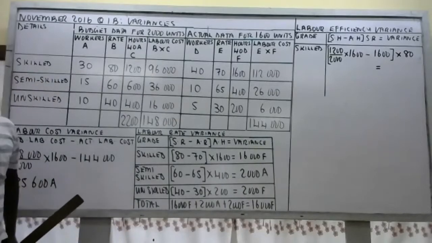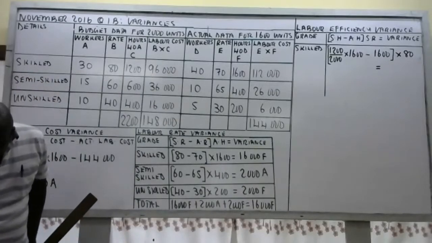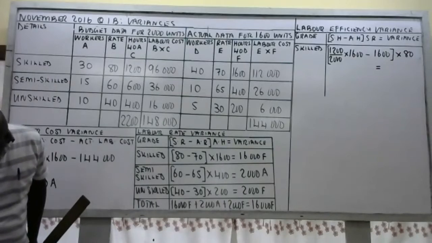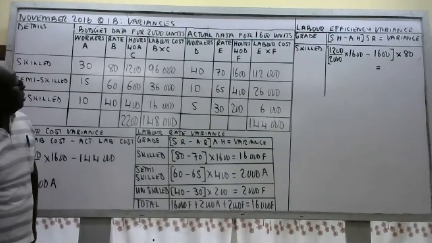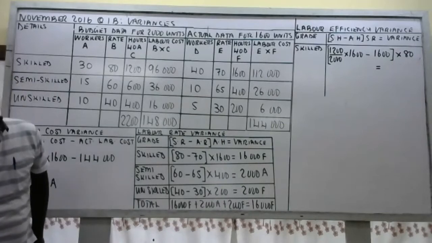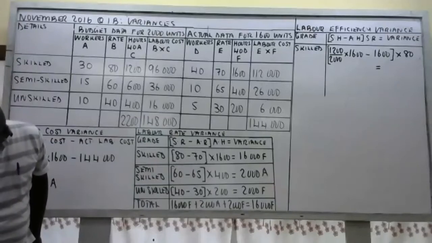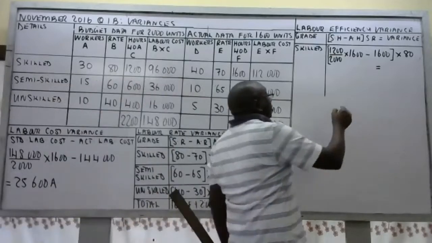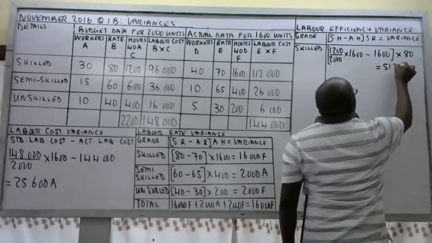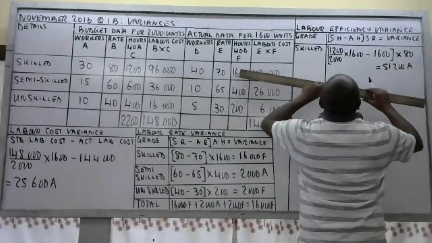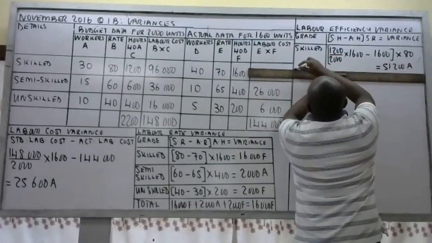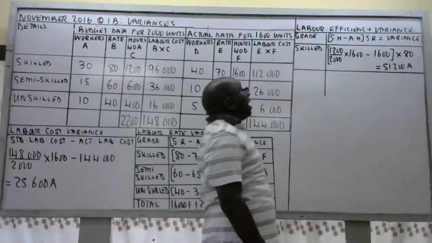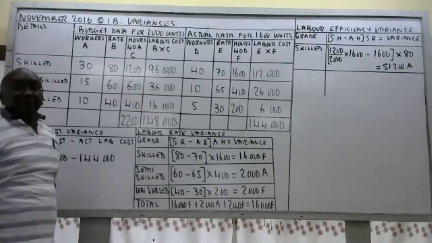So if you do that, it is 1,200 divided by 2,000 times 1,600 minus 1,600, multiplied by 8. You report 51,200, which is adverse.